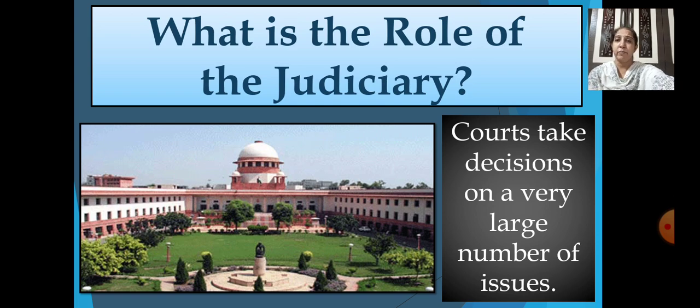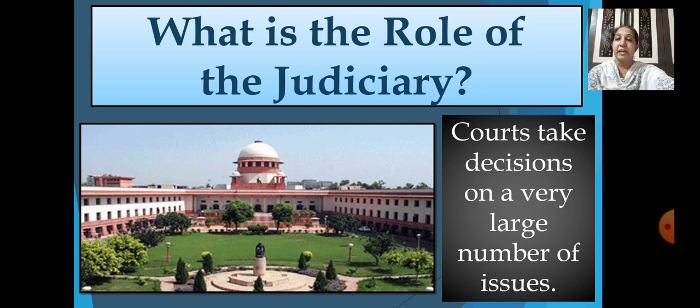Normally, if I ask you when people go to court, you will say when they have disputes, when two brothers have a dispute on property, or when your neighbors have some serious dispute, they will approach the court. The things that come to your mind immediately are related to disputes only, correct?